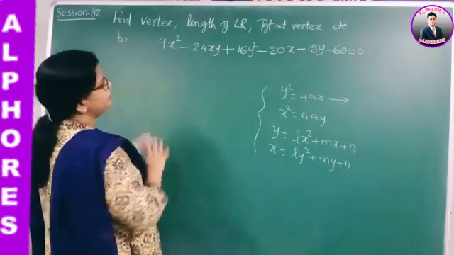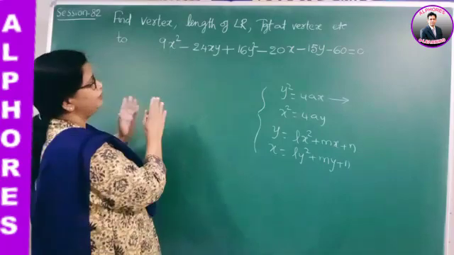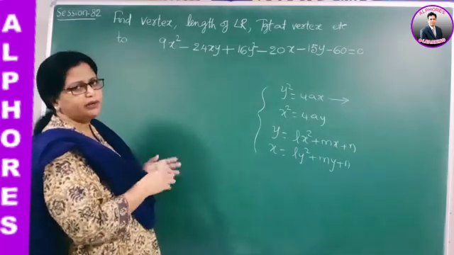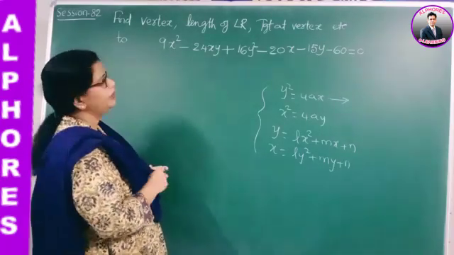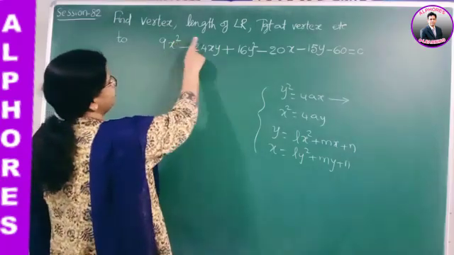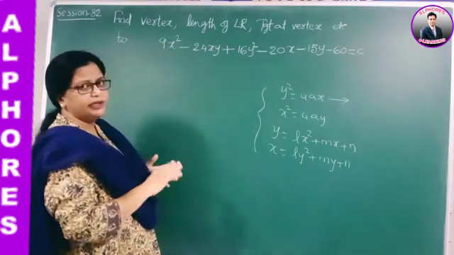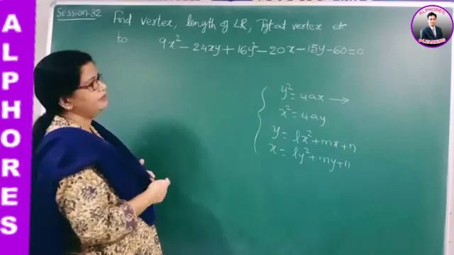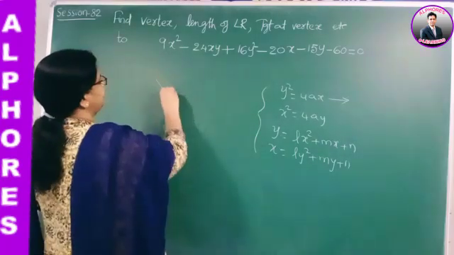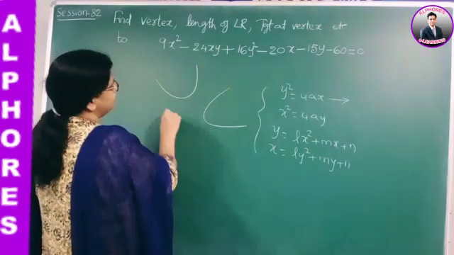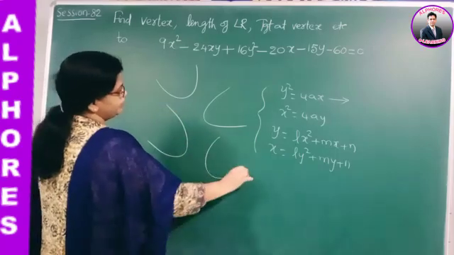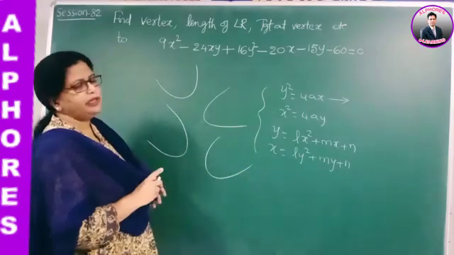So just by seeing it you can say here whether the parabola is an oblique parabola or a horizontal or vertical parabola. So here x square is present, y square is also present. In x and y you have a second degree equation, hence the parabola can be of this form or of this form. Like this it can be any way. Moreover, it is just an oblique parabola.